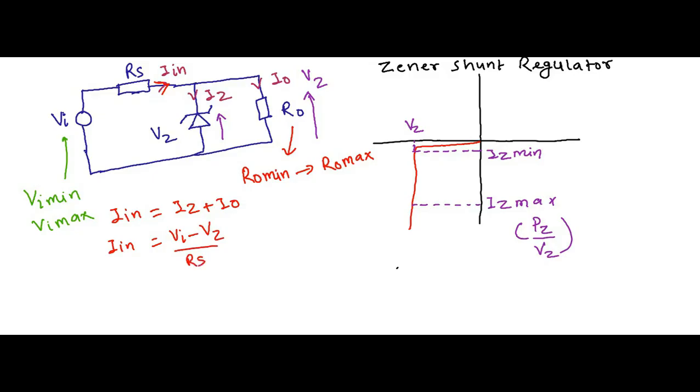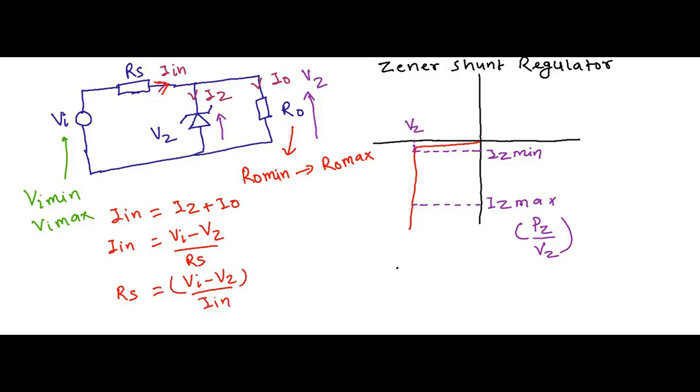In other words, if you know your I in value, you can easily calculate the Rs. So what is Rs? Rs equals to Vi minus Vz divided by I in. And how are you going to find the I in?